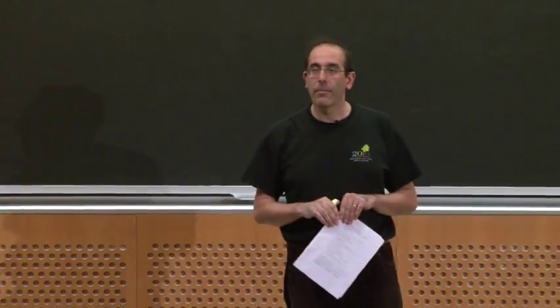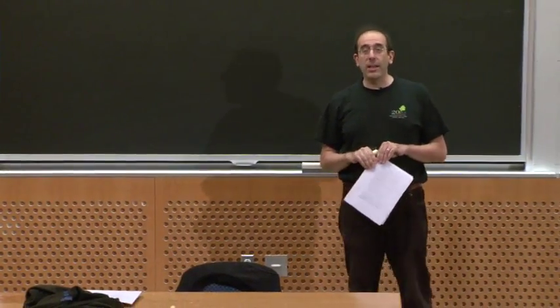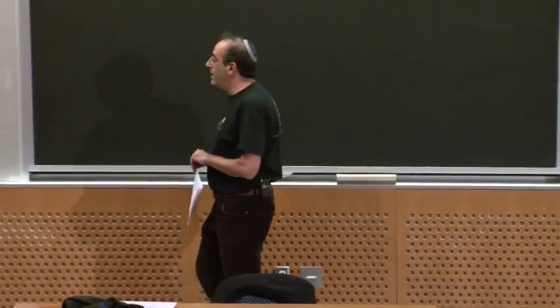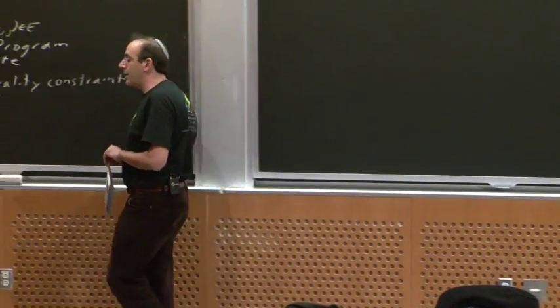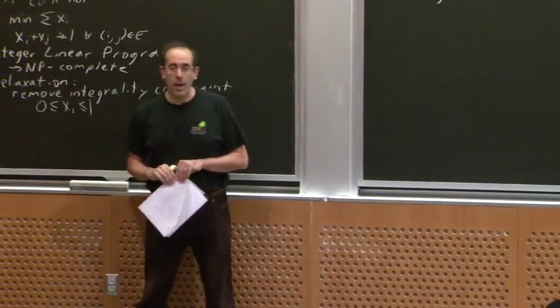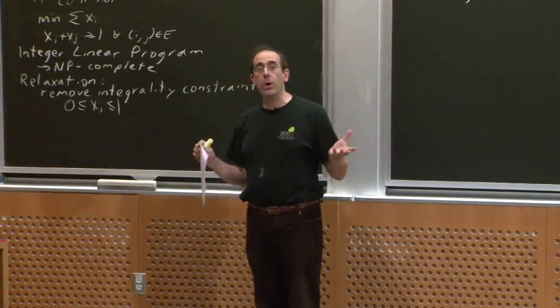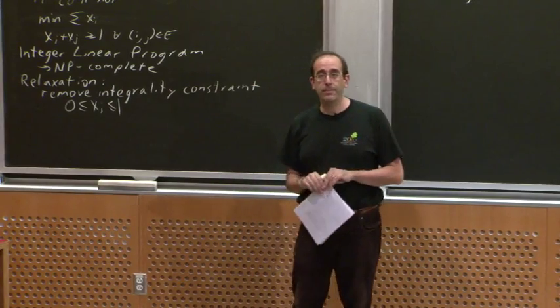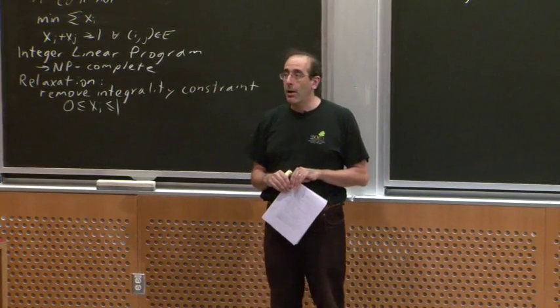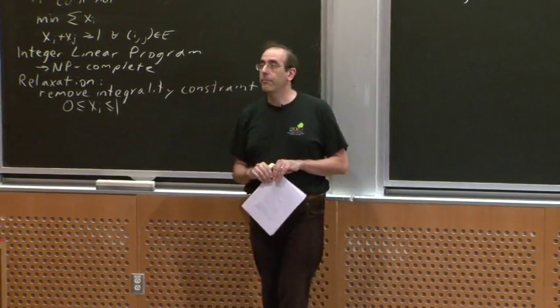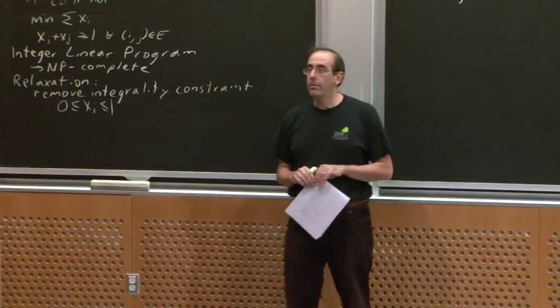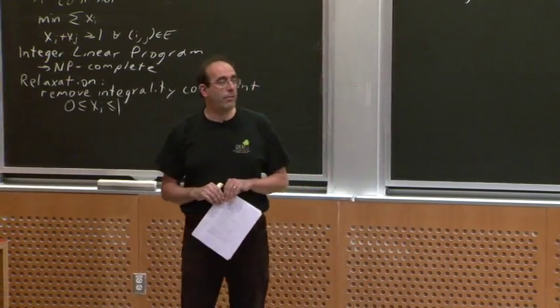Take the ceiling. I could take the ceiling, right? In other words, take every fractional value that's not 0 and make it 1. Now will this work? Will this give me a vertex cover? Why will this produce a feasible vertex cover?